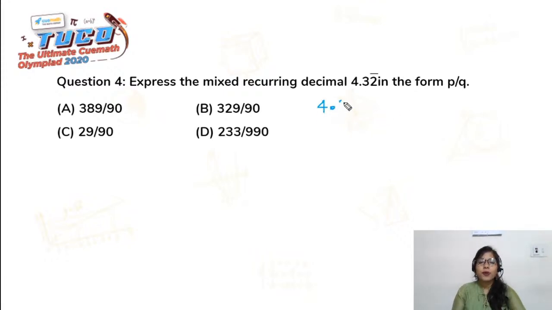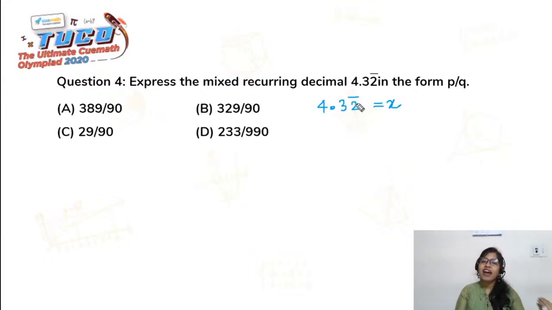So we have 4.32 with 2 as the recurring part, and I'm going to assume this as x. One major thing you need to know here is you have to get rid of the terminating part so that you could convert it into a fraction.